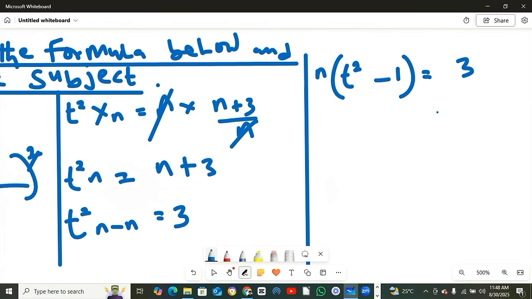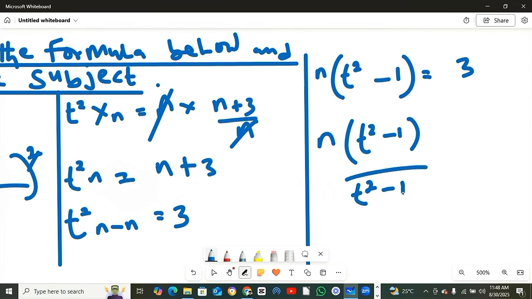So now we're going to divide both sides by t squared minus 1. So it's going to be n times t squared minus 1 divided by t squared minus 1. The same thing we'll do here, 3 divided by t squared minus 1.